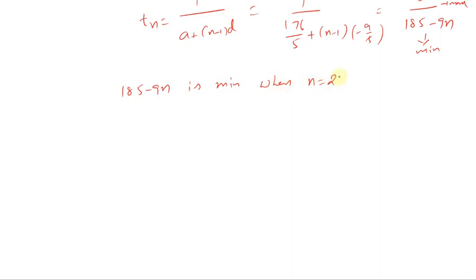When n is equal to 20, you are getting 185 minus 180, which is 5. If n is larger, you are getting a negative value, so it is not the minimum one. Therefore Tn is equal to 5 by 5, which is equal to 1. So the largest term is nothing but 1.